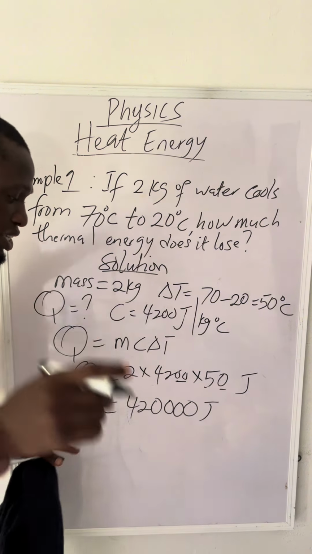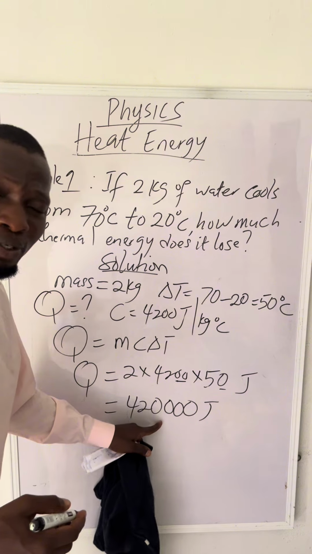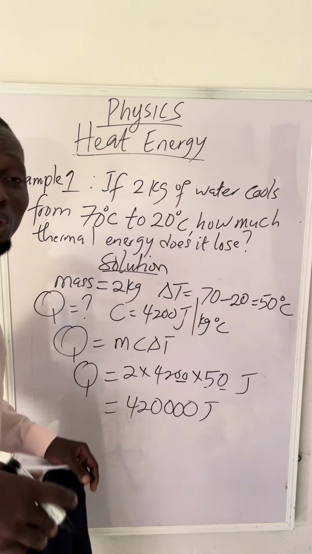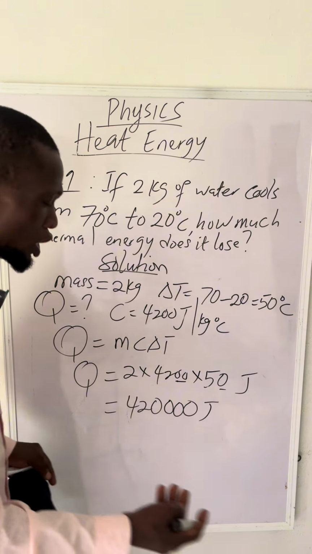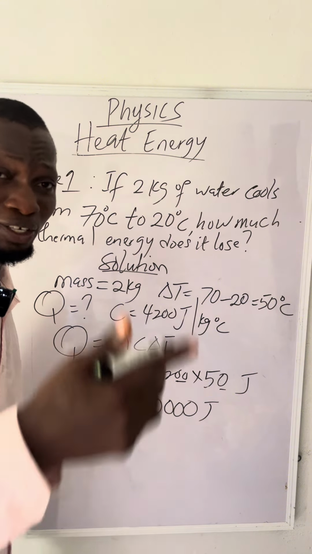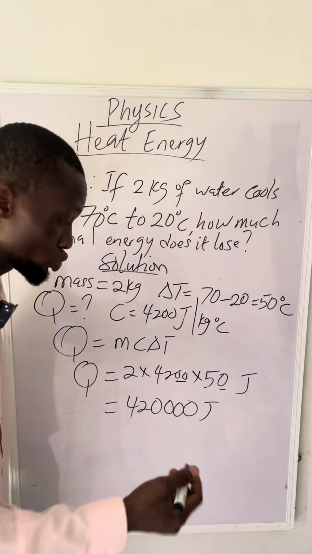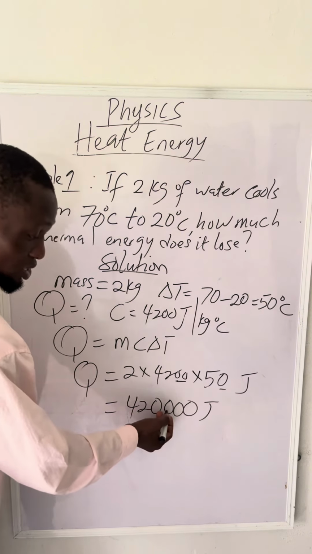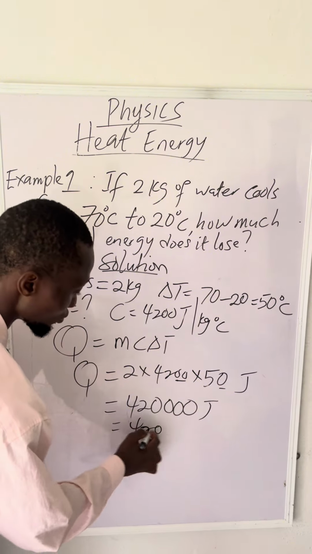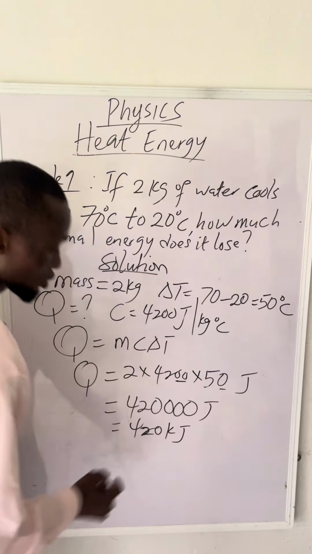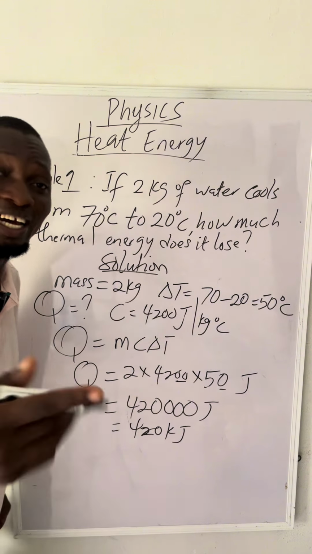Now, in an exam, they can put this in kilojoule. Because it's actually too long, I can decide to put it in kilojoule, a higher unit. So I'm going to divide it by 1000, which will cancel these 3 zeros. So I'm going to have 420 kilojoule. Or in some exams, they can put this in standard form.